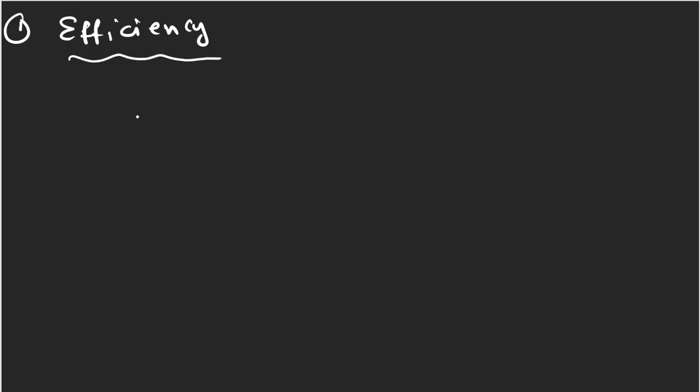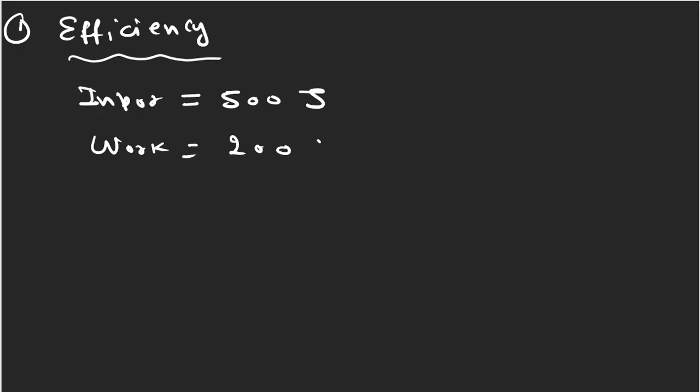So what is efficiency? Suppose that in any engine we are giving an input of 500 joule energy, and it is doing work of only 200 joule. We want to calculate the percentage efficiency of this engine.